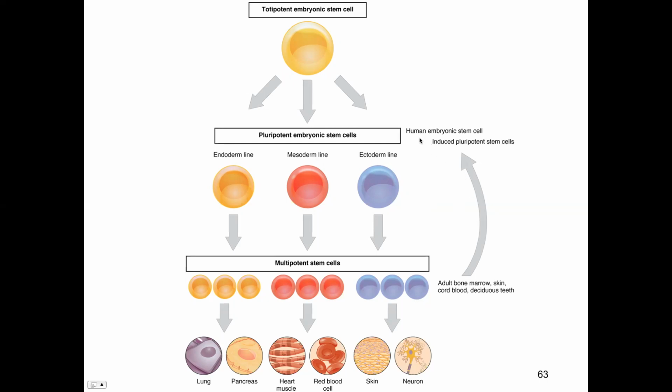It's kind of neat. They can push them back to pluripotent, which is very useful if you're only using adult stem cells. And then, of course, you can have unipotent, which is what I was just talking about. You'll see that there's stem cells in skin that will only form keratinocytes, for example, and so on.